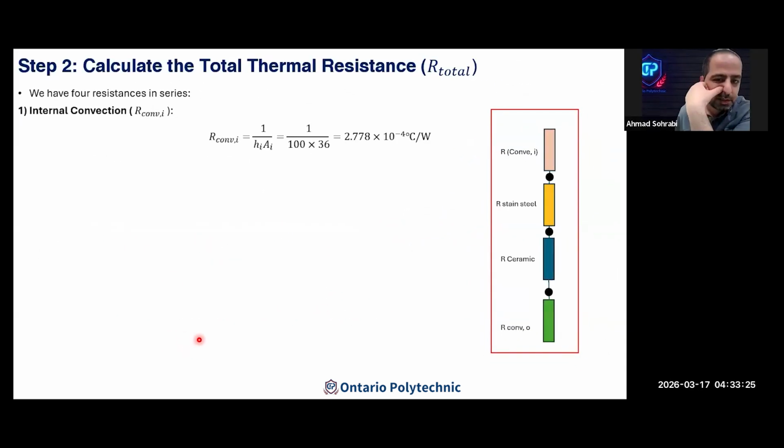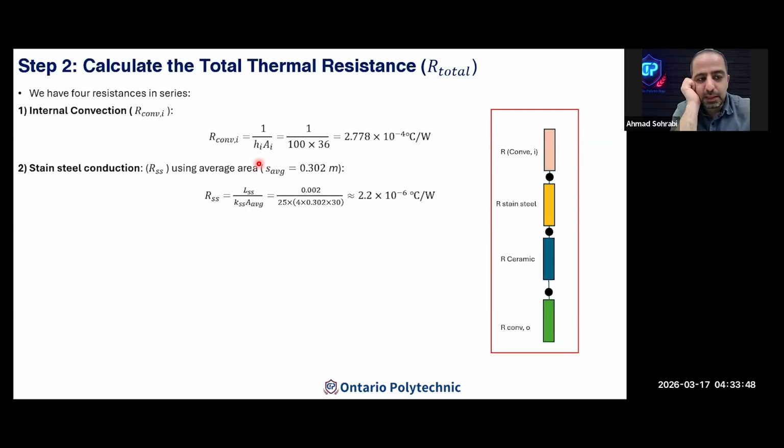So first is the convection, from the previous session. It's 1 over the convective coefficient times the surface area for the inner convection. We have both of them. This is for internal convection.